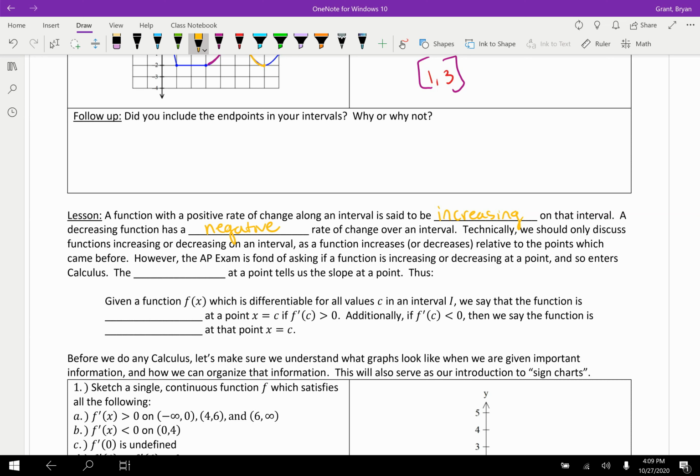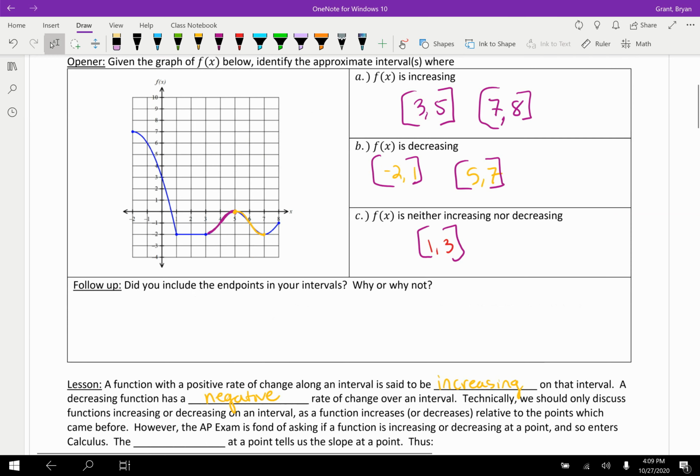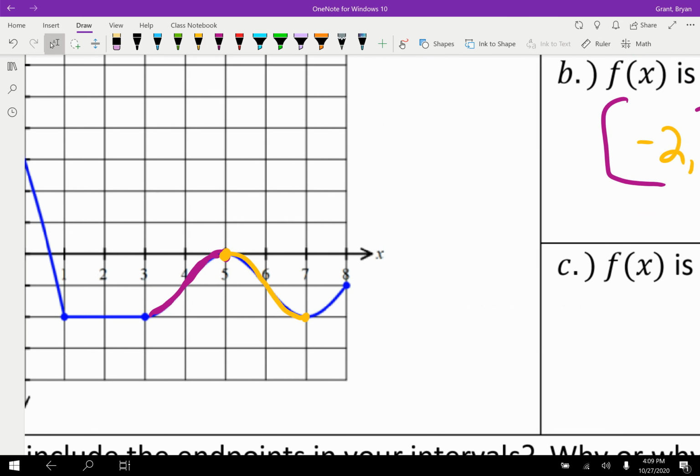Now, technically, we should only be discussing functions increasing or decreasing on an interval, because a function technically increases or decreases relative to the points which came before. Now, what does that mean? Well, we really have to think of this line, and I'm just going to use this little line segment right here, as an infinite number of points.